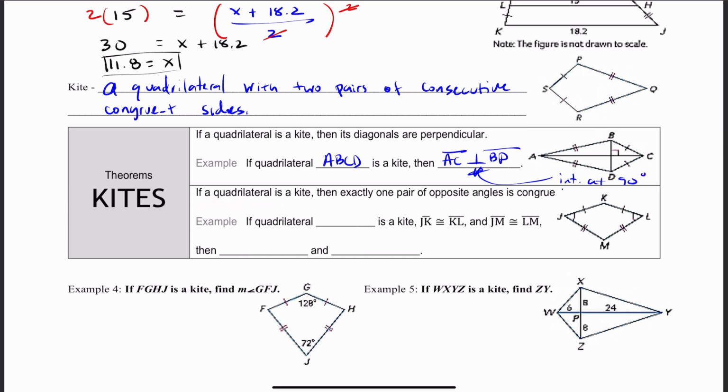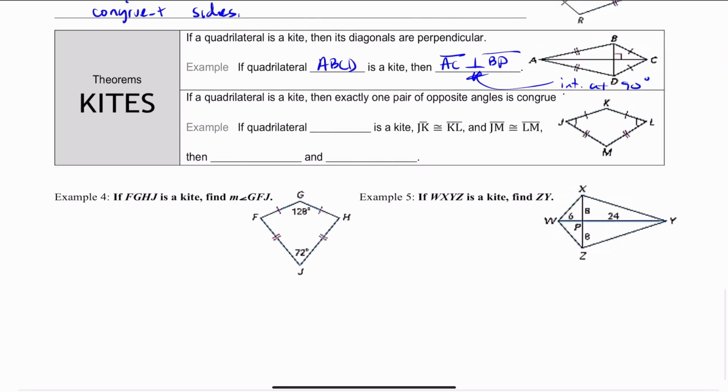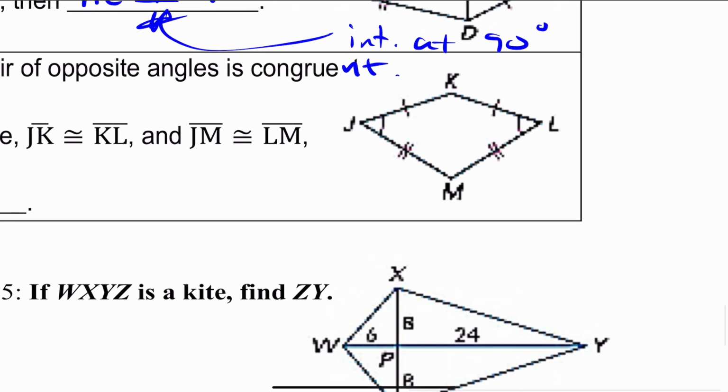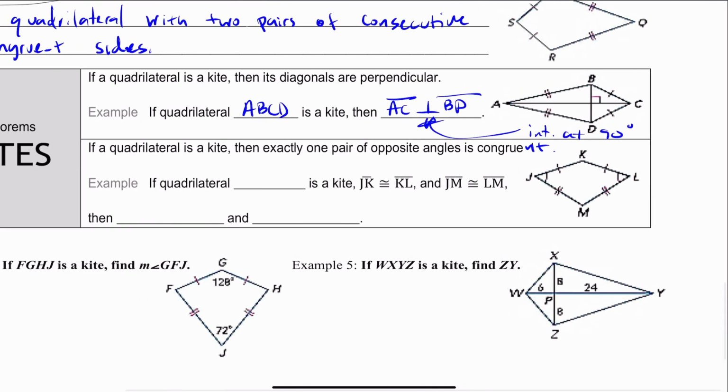If a quadrilateral is a kite, then exactly 1 pair of opposite angles is congruent. For example, I have this image. What I like to think about this is that the head and the tail are not congruent, but the wings are.